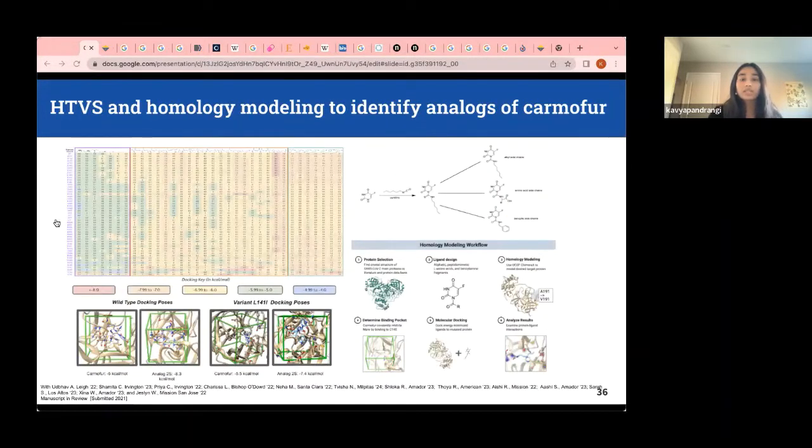Similar to reverse transcriptase, however, there are new mutations constantly arising in Mpro, necessitating the development of analogs of carmofur that outperform carmofur itself in these drug-resistant variants.